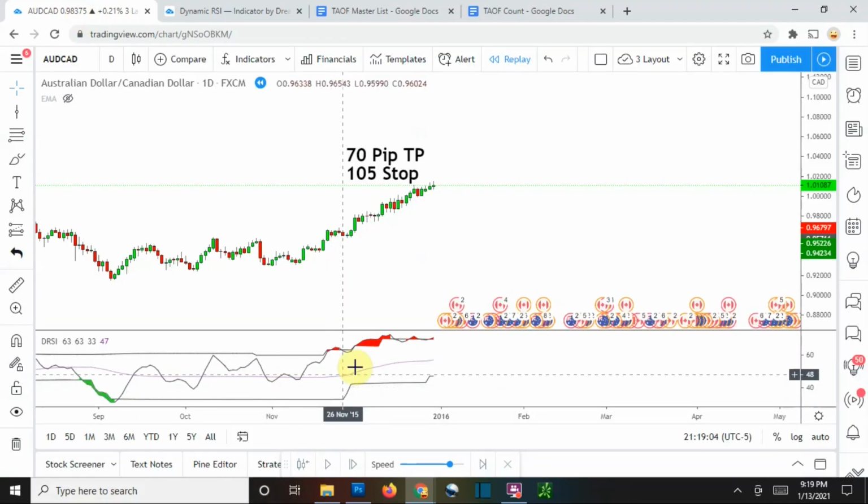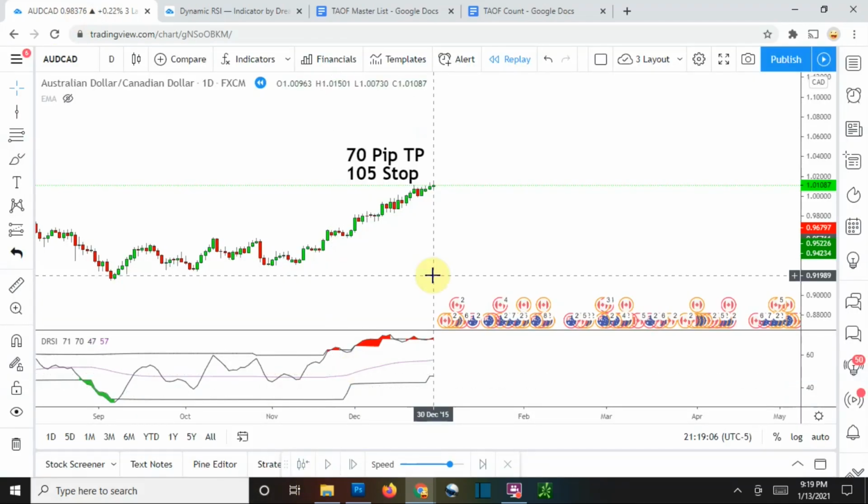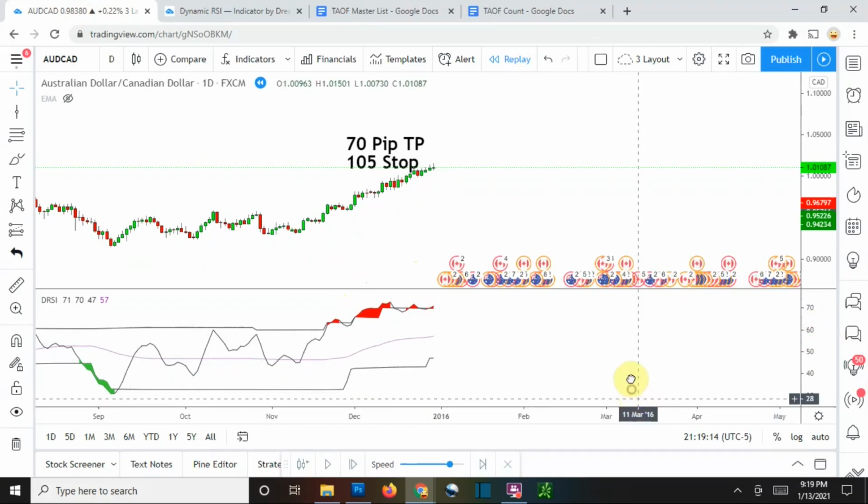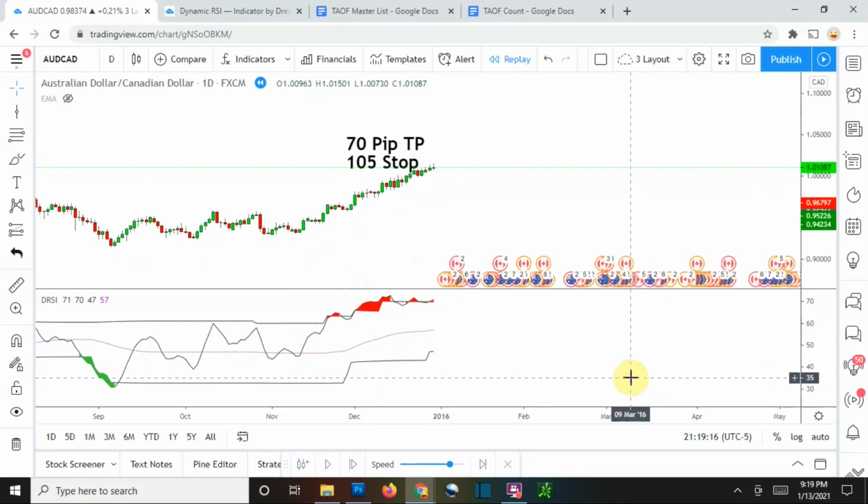Alright, as I said, today's indicator is the dynamic RSI indicator. As you can see it here on the bottom of the screen, all in all, it is relatively simple. It is the RSI, a standard RSI. Well, I guess I shouldn't say a standard RSI, but it is the relative strength index indicator.